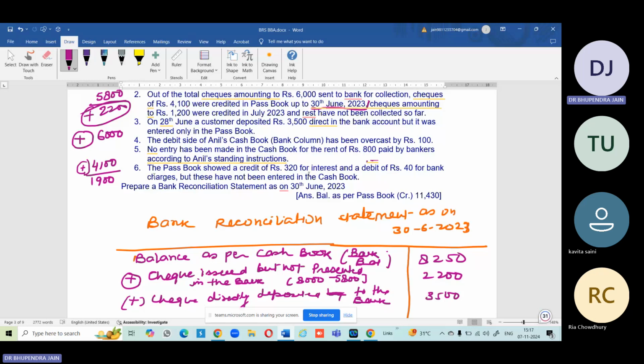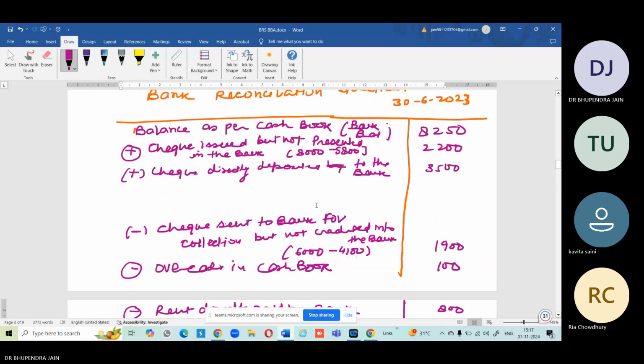So the bank has increased the balance, but your cash book has not increased the balance, so you have to increase it. What will we do, dear? We will add. Interest paid by the bank is 320.